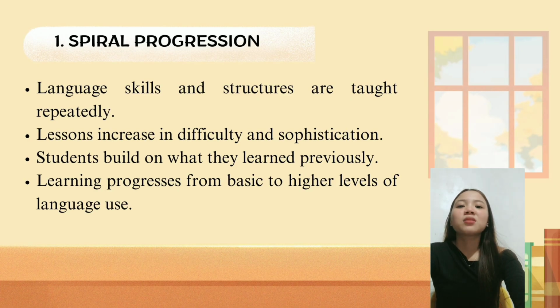So students don't just learn something once and move on. They review what they already learned and develop it further. In simple words, learning moves from simple to complex. So, basically, balik-balikan ang previous learning pero mas challenging na siya as a student progresses. Mao na siya ang idea sa spiral progression.